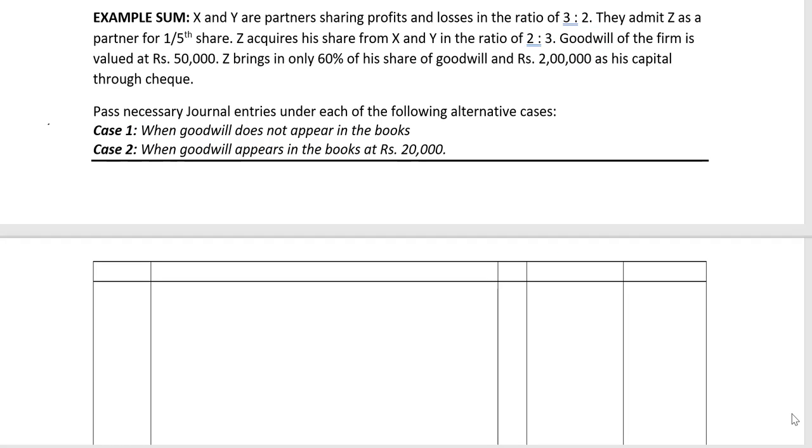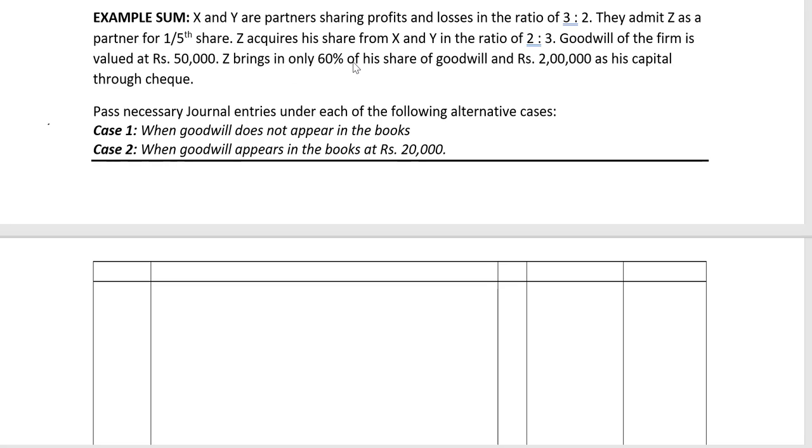Example sum. X and Y are partners sharing profits and losses in the ratio of 3:2. They admit Z as a partner for 1/5 share. Z acquires a share from X and Y in the ratio of 2:3. The goodwill of the firm is valued at rupees 50,000.